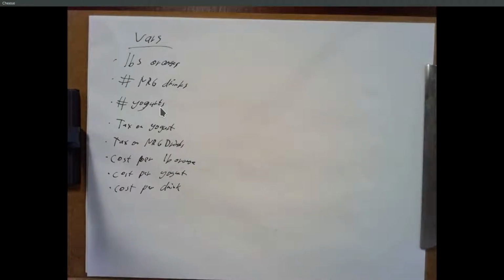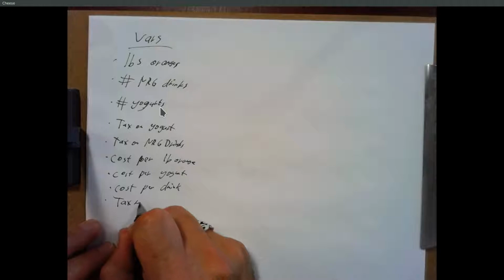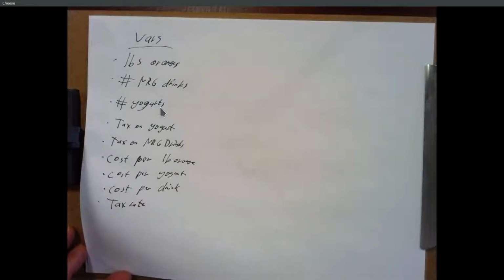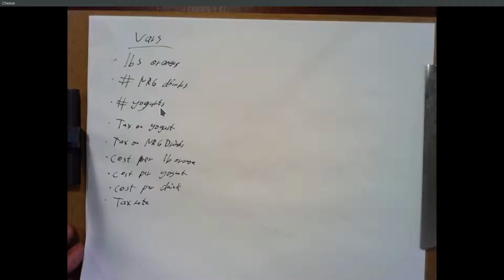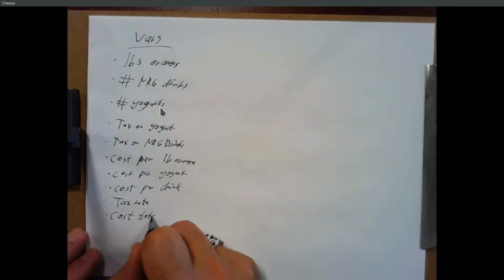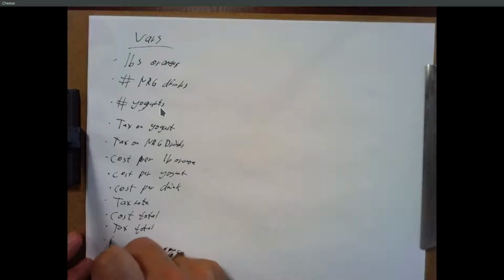How do you declare tax? Tax rate? Anything else? I put my cost total, tax total. Okay, so cost total, tax total, grand total.